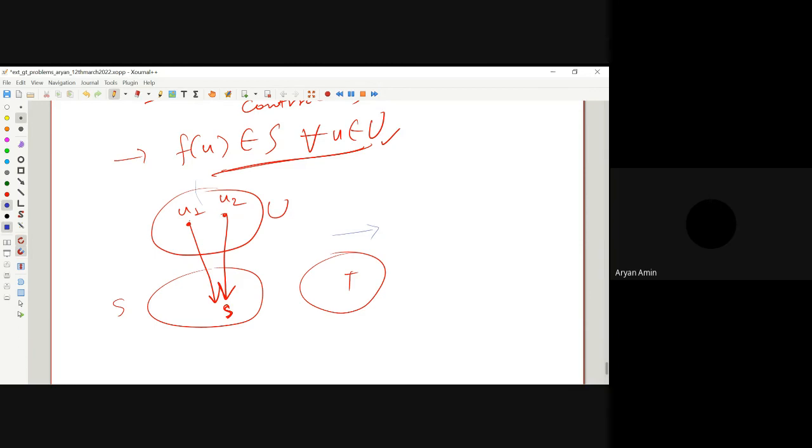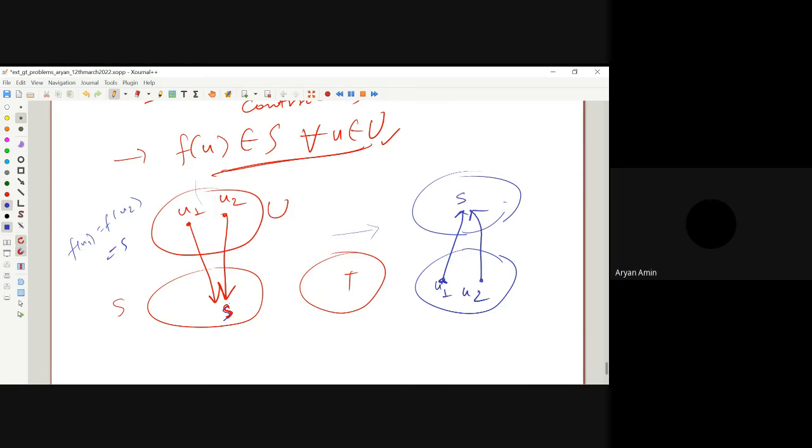So now think about it like this. Suppose u1 and u2 are both pointing towards the same element, so suppose f(u1) equals f(u2) equals s. You can think of the structure in this way: suppose you swap out s and add in u1 and u2. Then the graph would look something like this. So S' is S minus s, union u1, u2.